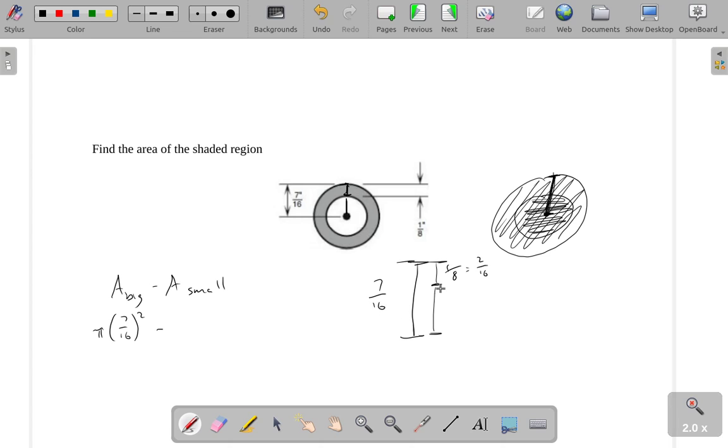Then that means this distance right here, 7/16 minus 2/16, is 5/16. That would be this distance right here, not 15/16, that's 5/16. So that means the radius of this inner circle must be 5/16. So when I go to find the area of the inner circle, this must be pi times 5/16 squared.